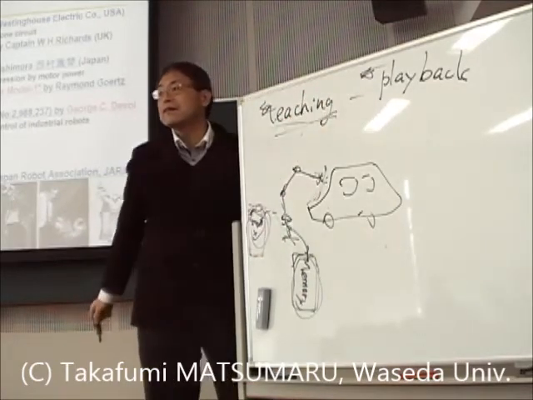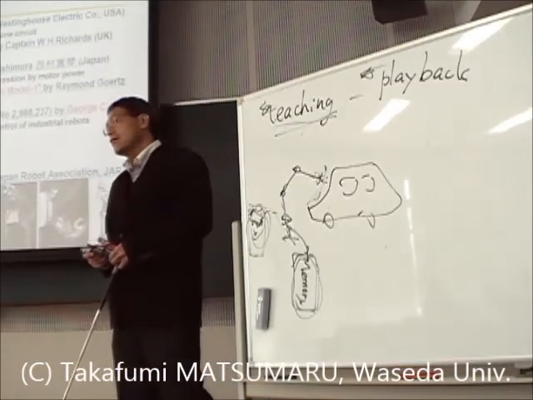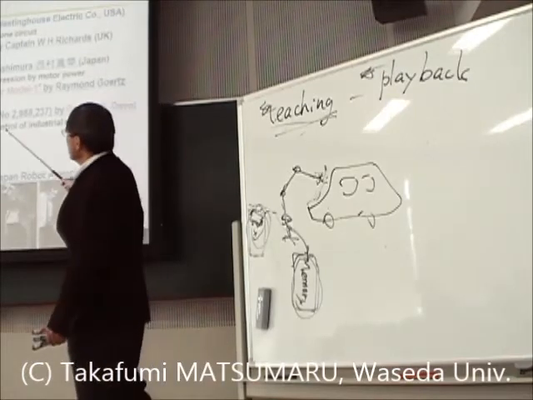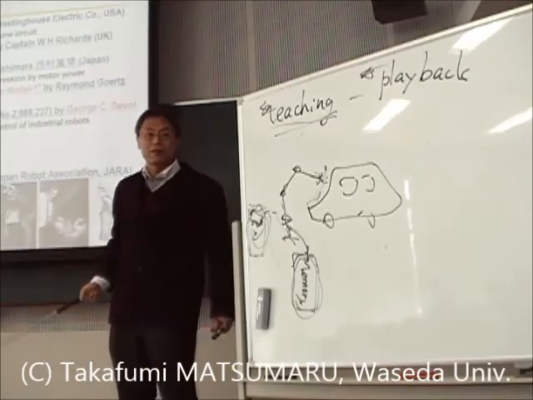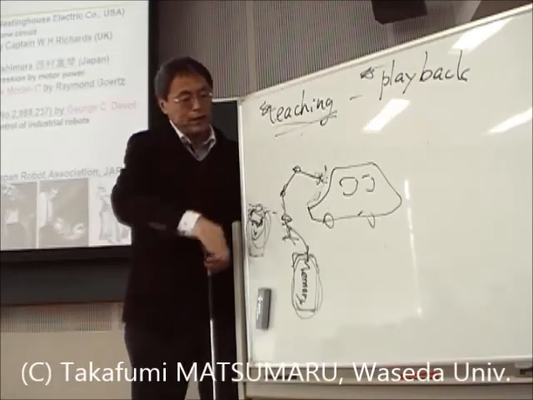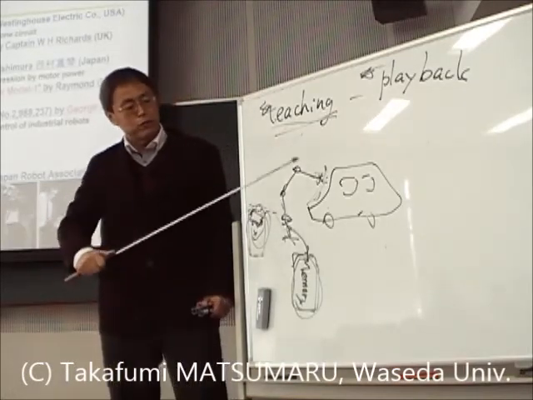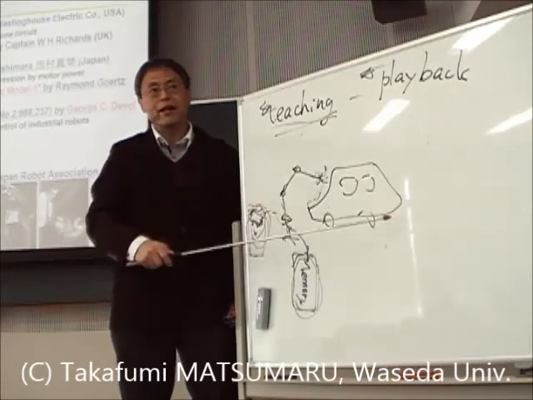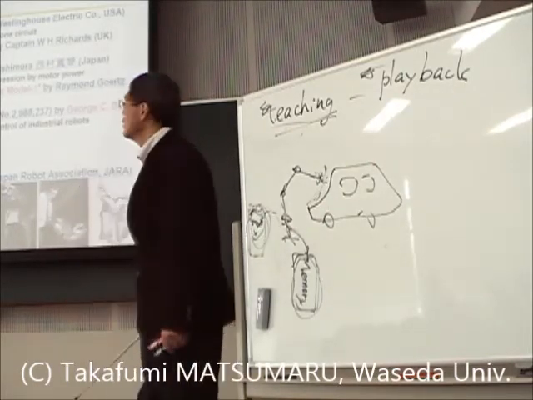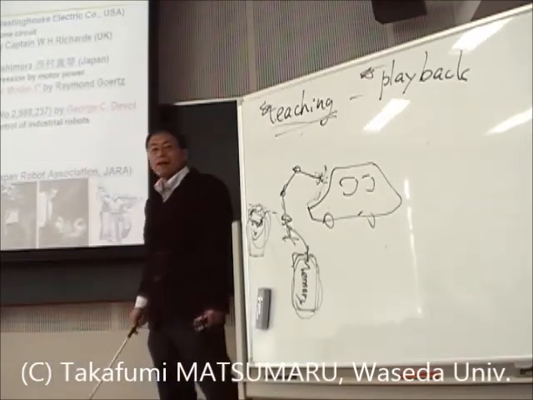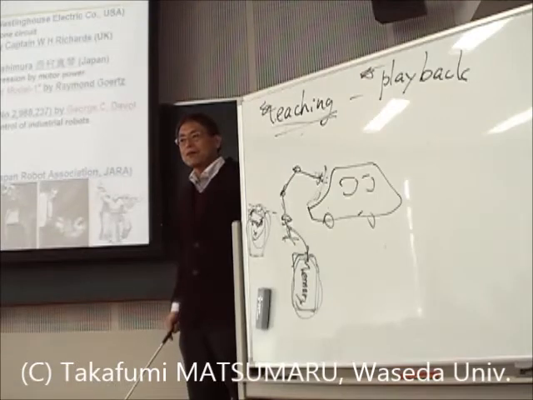This is playback. So therefore, teaching playback is a basic movement control technology for industrial robots. Firstly only the movement is taught, and the movement is played back, repeated again and again. So this patent is very, very important for industrial robots.